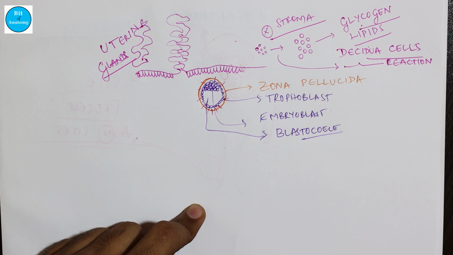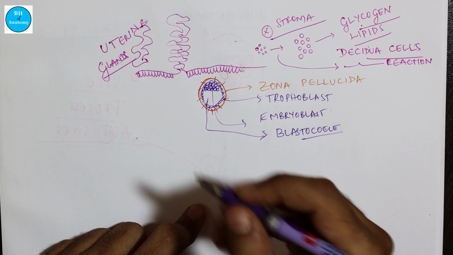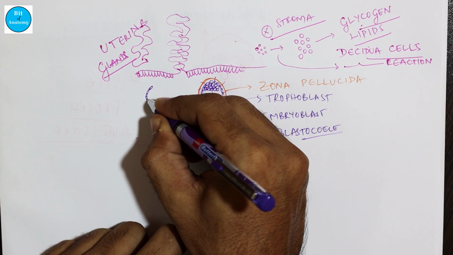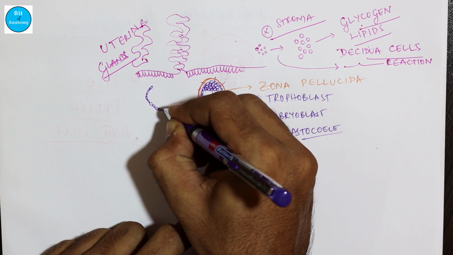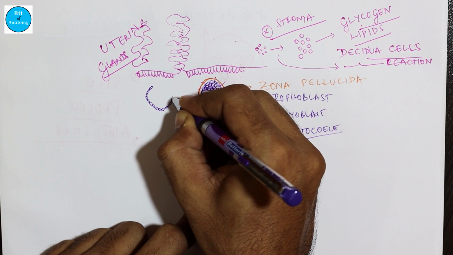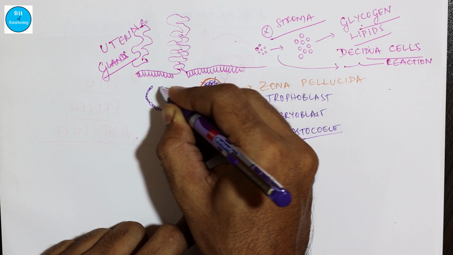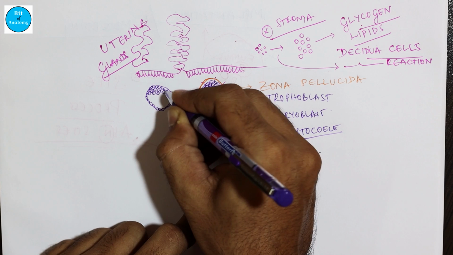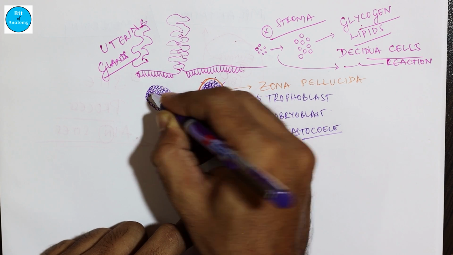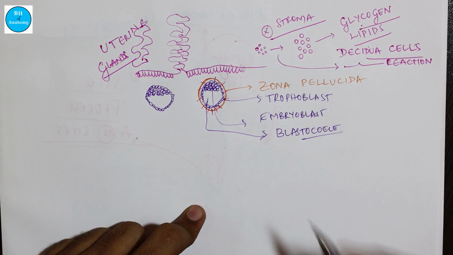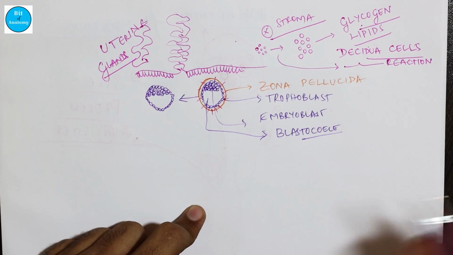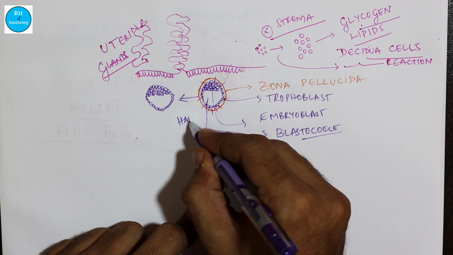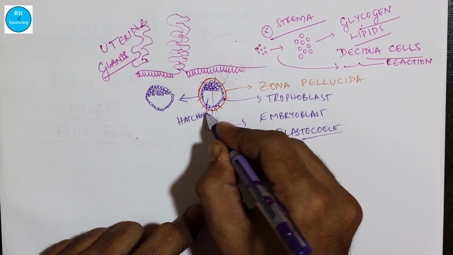The zona pellucida will disappear gradually and eventually only the trophoblast and the embryoblast layers remain, or only the blastocele without any coverings will come out of the zona pellucida. This process where the blastocyst comes out of the zona pellucida, we call hatching of the embryo.